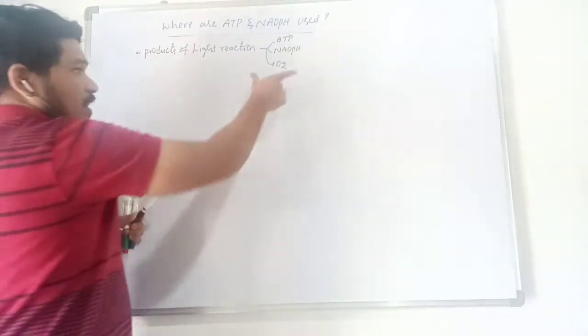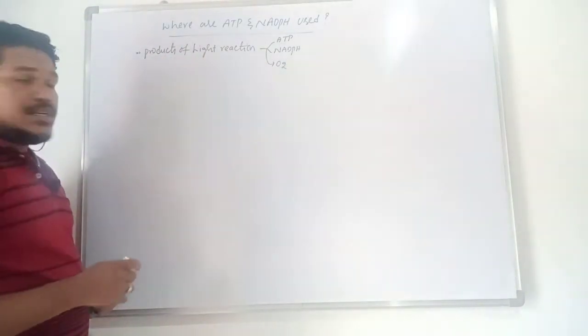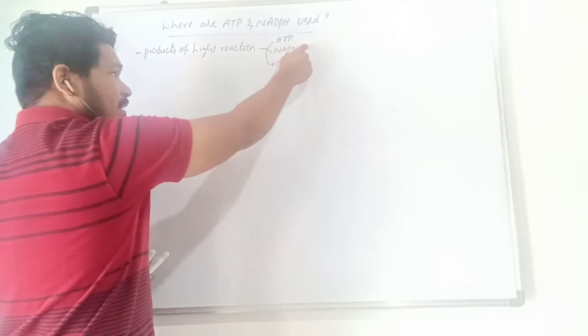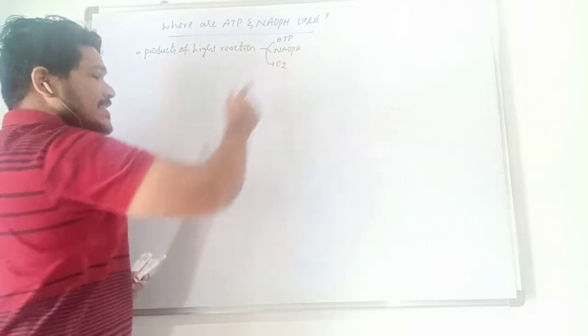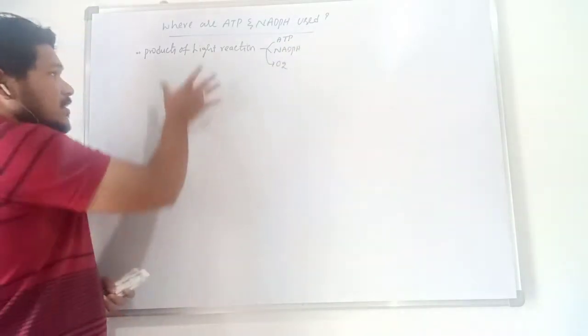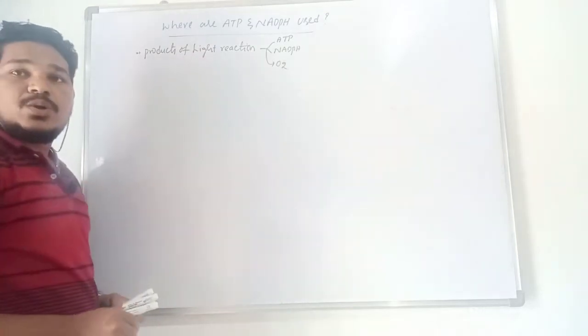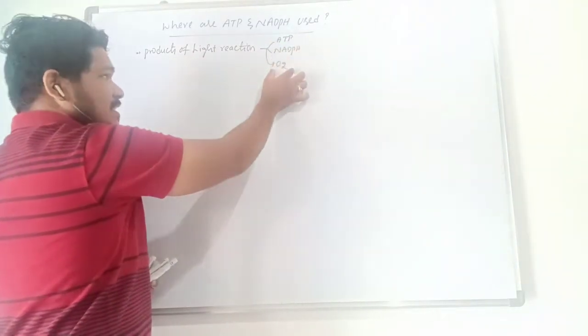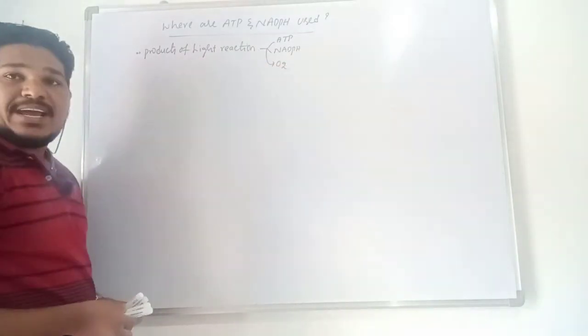During the light reaction, the formation of ATP, the formation of NADPH and the release of oxygen molecules take place in the chloroplast.